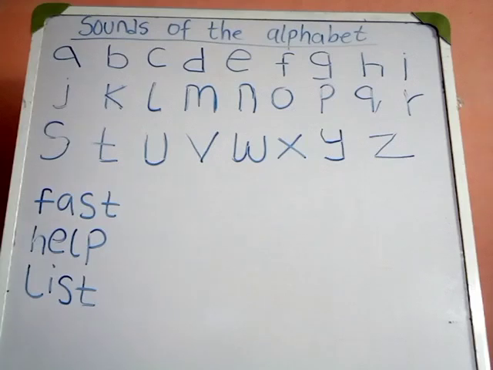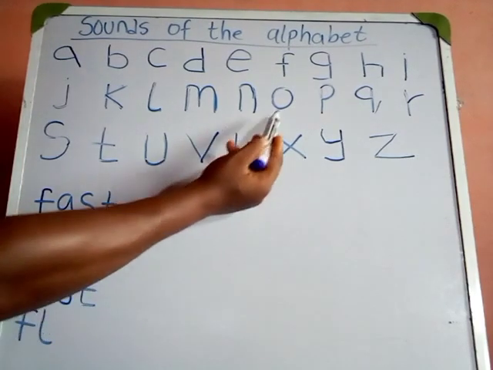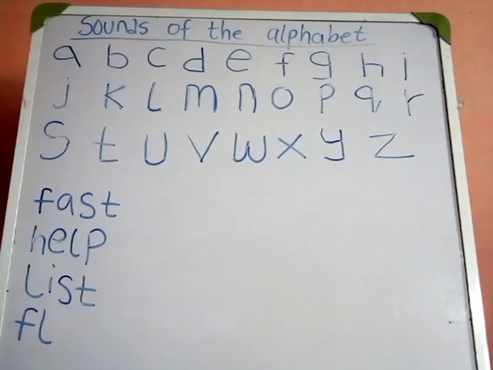Okay, our next word is flow. The first sound is fl. The next sound is l. The next sound is low.